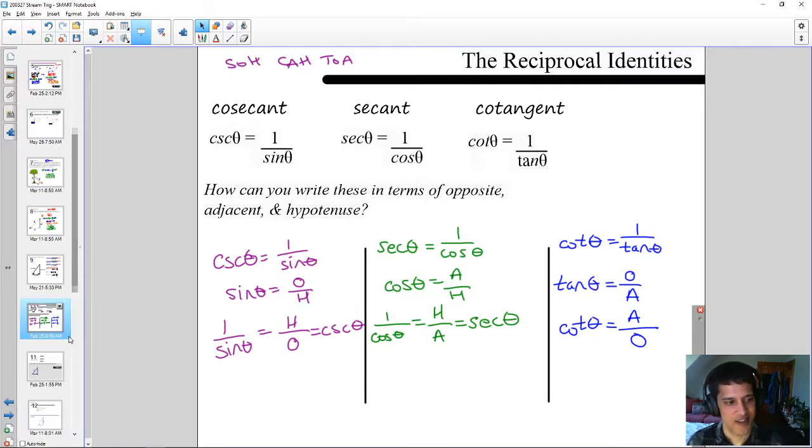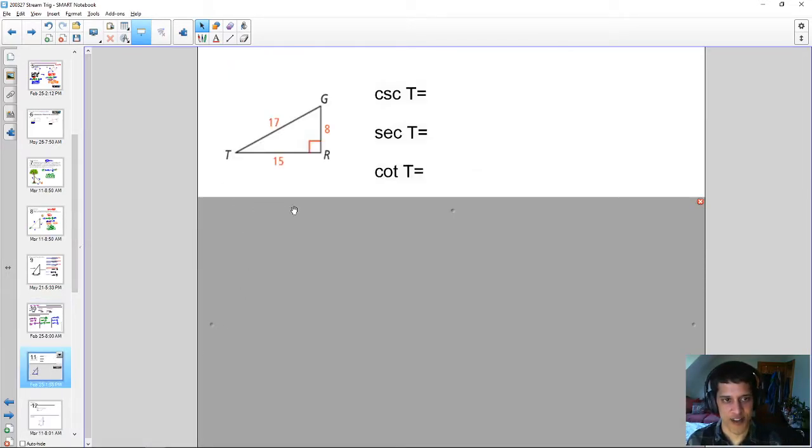All right, sweet. So let's practice finding the trig ratios for our angle t again, but the 4 through 6, okay? Cosecant, secant, and cotangent. I don't write out a different phrase to help me remember these. I just kind of remember cosecant's the opposite of sine, secant's the opposite of cosine, cotangent's the opposite of tangent.